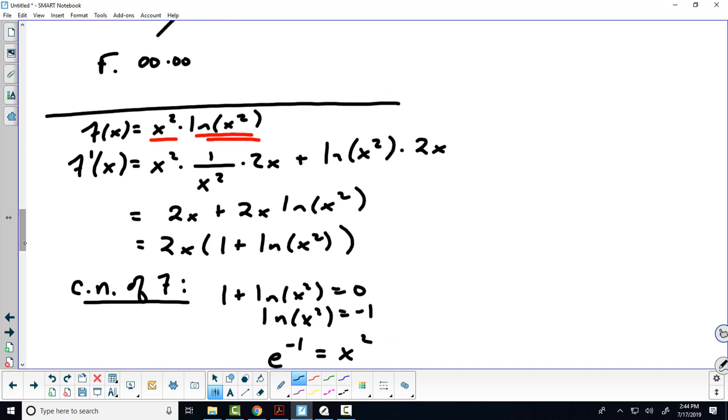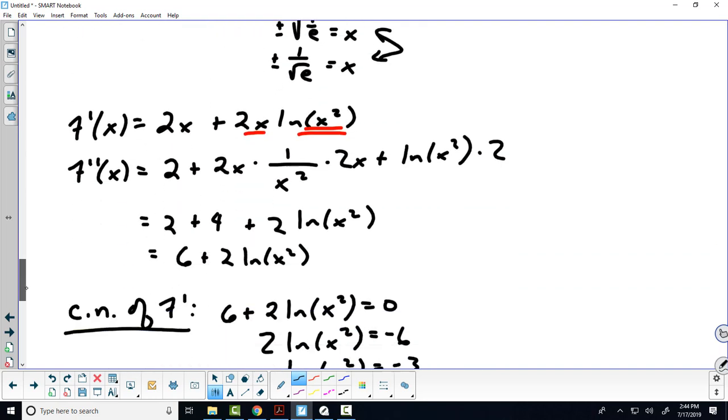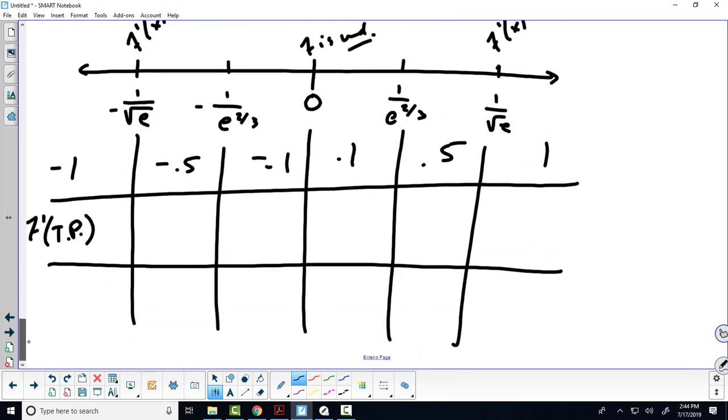If we were to plug -1 into our first derivative here, and then decide the sign, it would take us a little bit to figure this out, but it turns out that we would be decreasing. Okay, so I'll let you check that. And if we were to plug in -0.5, we would be increasing, and again increasing, and then decreasing, decreasing, increasing. So you can check me on those.